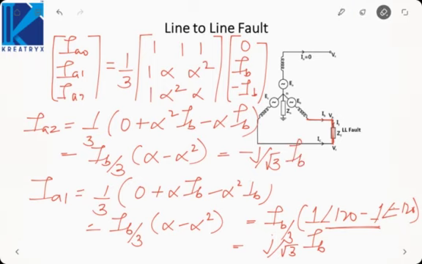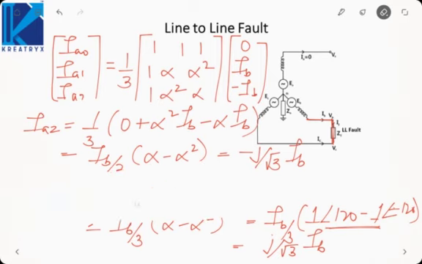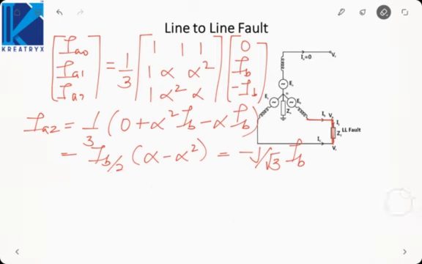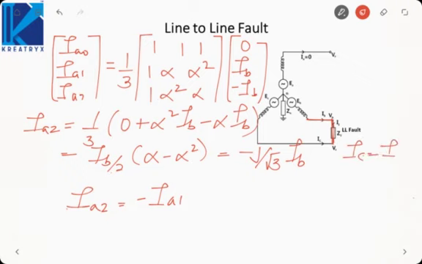As you can observe here, IA2 is equal to minus IA1. In this circuit IC is equal to minus IB, so the connection of positive and negative sequence will be similar to the connection of B and C phase in this fault, because a similar kind of relation we are obtaining for the sequence currents.